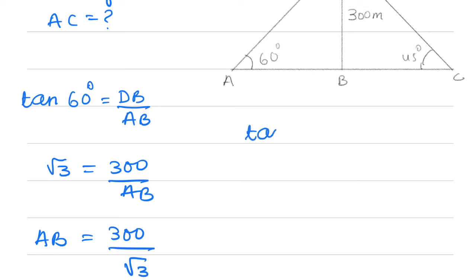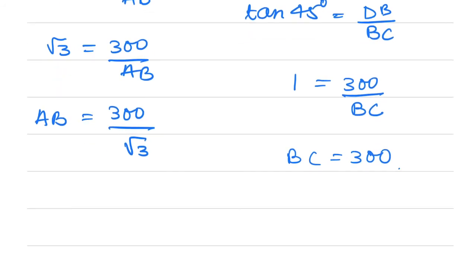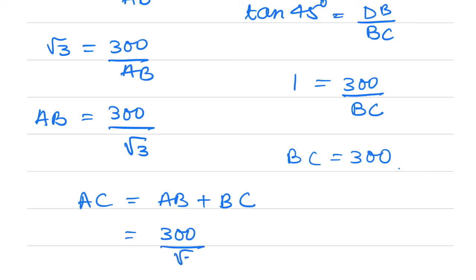Then we know tan 45 degree is equal to dB by BC, and tan 45 degrees 1, dB is equal to 300 and by BC. So BC is equal to 300. And we know AC is equal to AB plus BC.